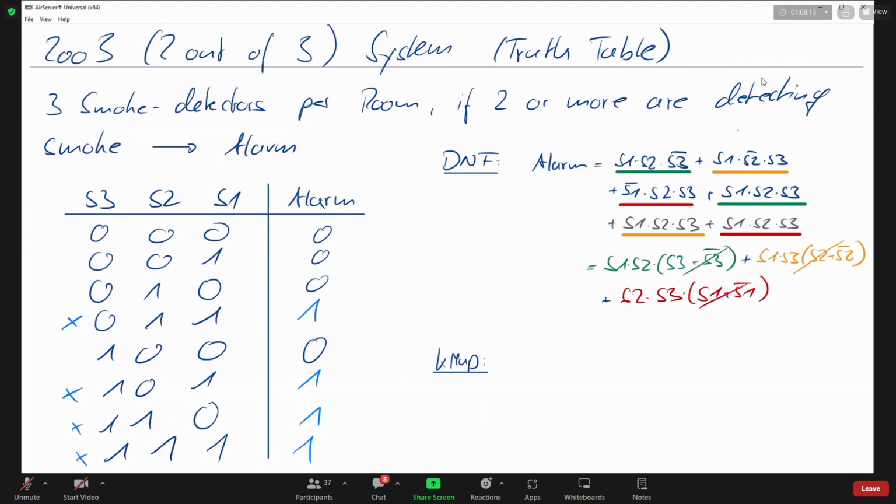And I'm ending up here in S1 and S2 or S1 and S3 or S2 and S3. So if two of the sensors are 1, then the output will be 1. And if 3 of the sensors are 1, then all 3 of these requirements will be fulfilled. So the next one, the S1 and S2 and S3, is already fulfilled by that, or by that, or by that. Of course, and so it is fulfilled by that, that, and that.